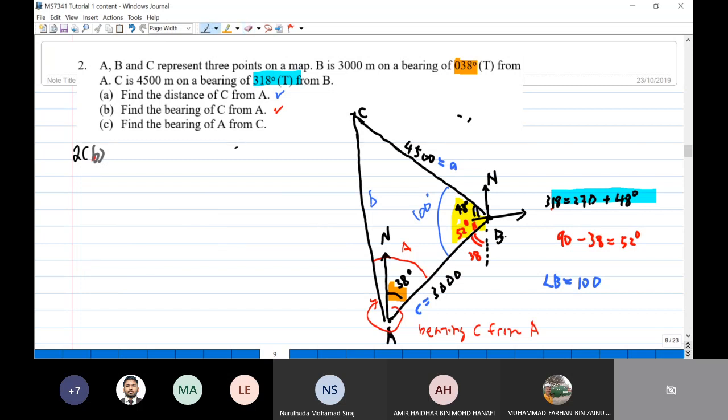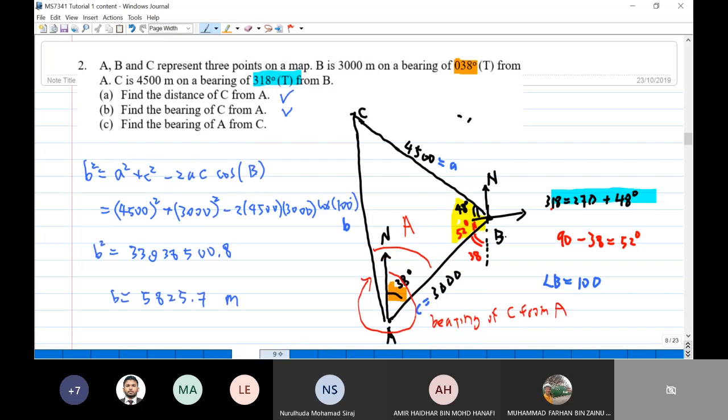So that means I have sine A over a is equal to sine B over b. B I found earlier is 58, so the answer is 5825.7.